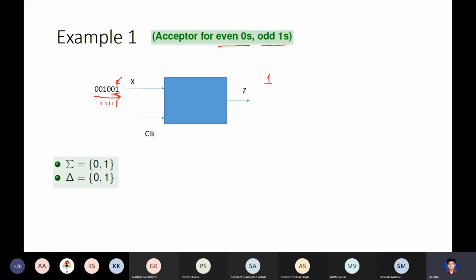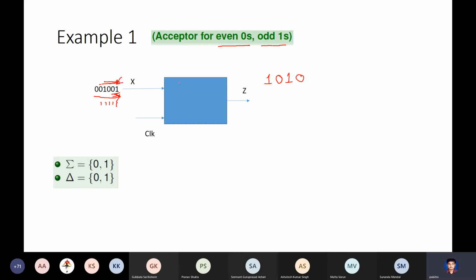Then you have these two: 1 zero and 1 one. So it does not satisfy the condition, and the output should be 0. Then you get 2 zeros and 1 one, so 0 again.